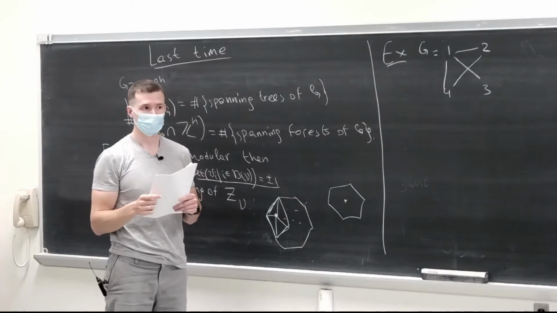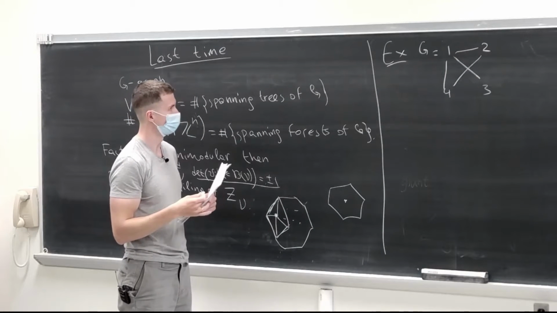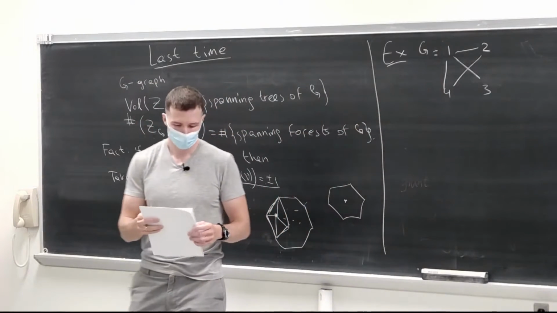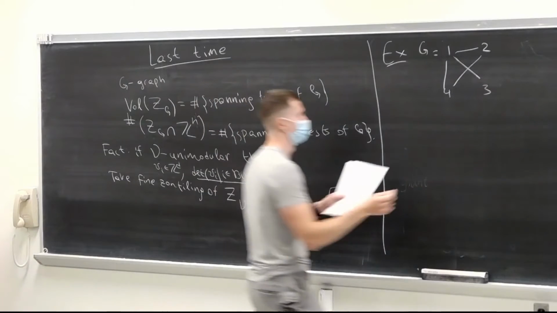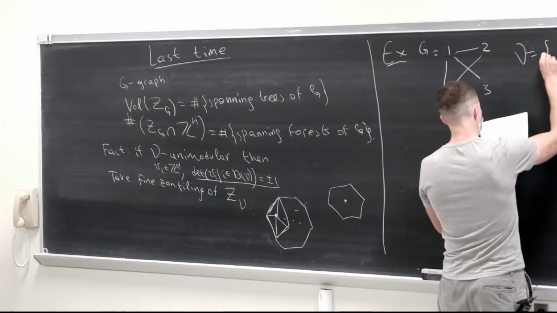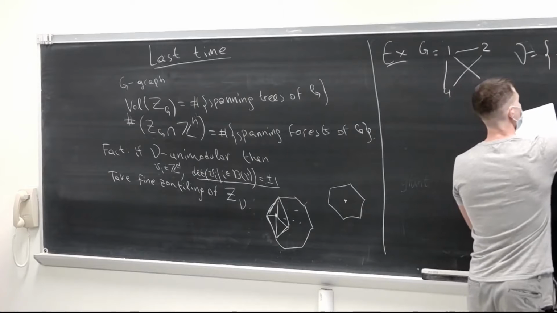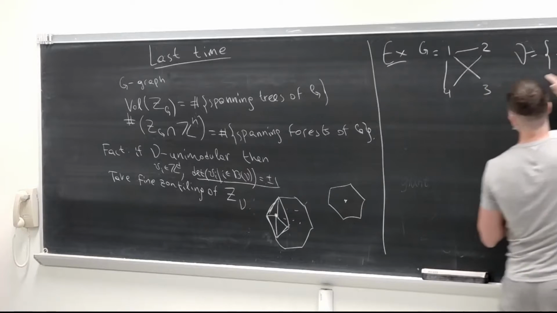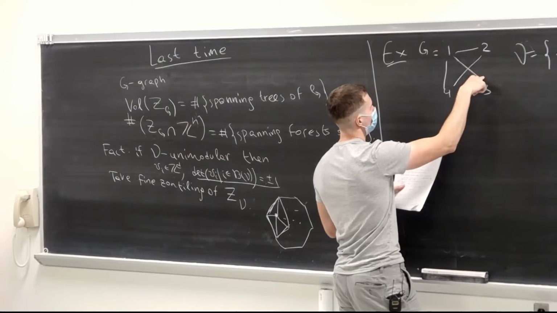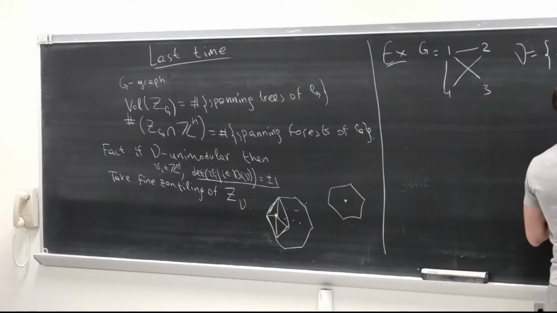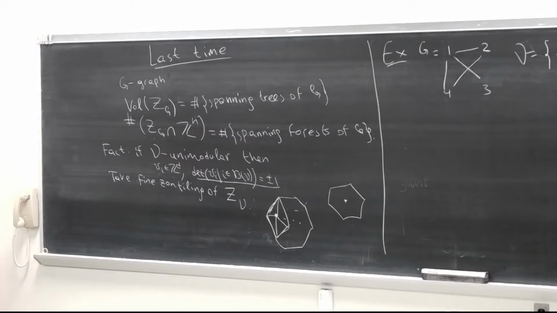So the corresponding zonotope lives in 4 dimensions, but it's a 3-dimensional zonotope. So the vector configuration is, I have these 4 vectors, e1 minus e2, e1 minus e4, e1 minus e3 and e2 minus e4, since I'm just looking at the corresponding edges. So that's my vector configuration.